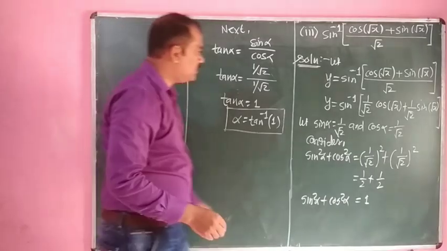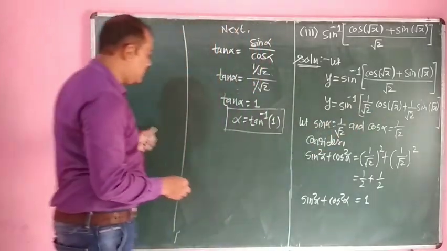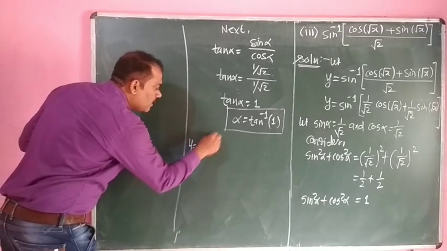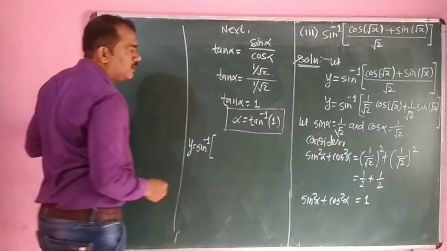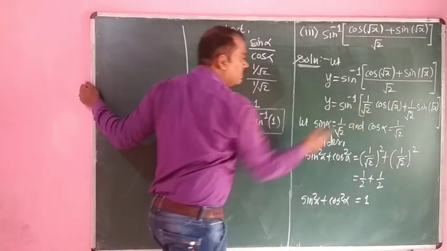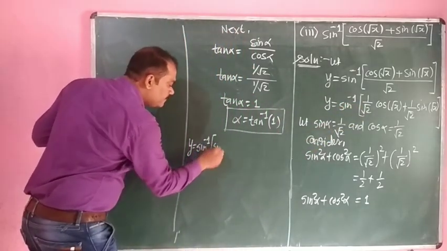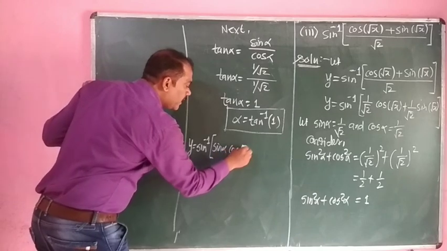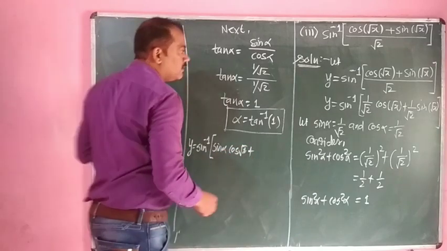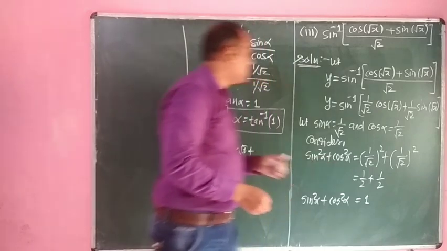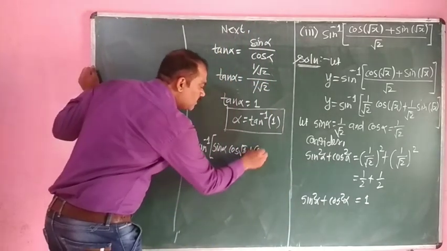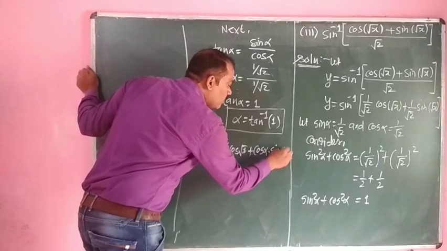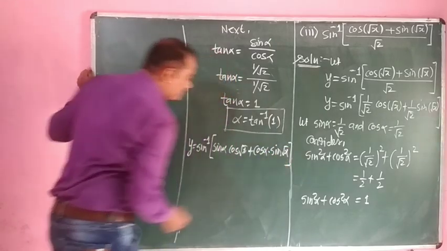So by using all these values, we get y is equal to sin inverse of 1 upon root 2, that is nothing but this value. We have to assume that sin alpha into cos of root x plus this value, cos alpha, into sin of root x.